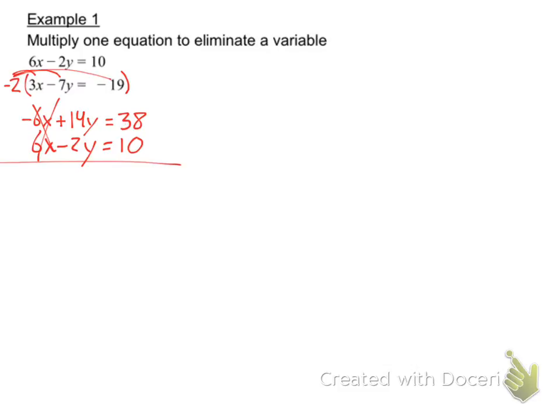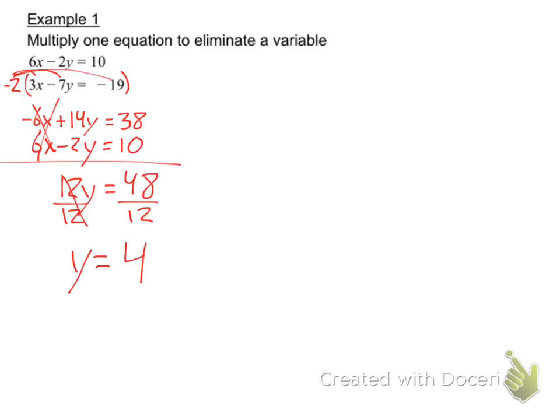So what's 14y plus a negative 2y, or 14 minus 2? It's 12y. And 38 plus 10? 48. To solve for y, I divide both sides by 12. If you divide by 4, you'd have to keep dividing more. So we get y equals 48 divided by 12, which is 4.